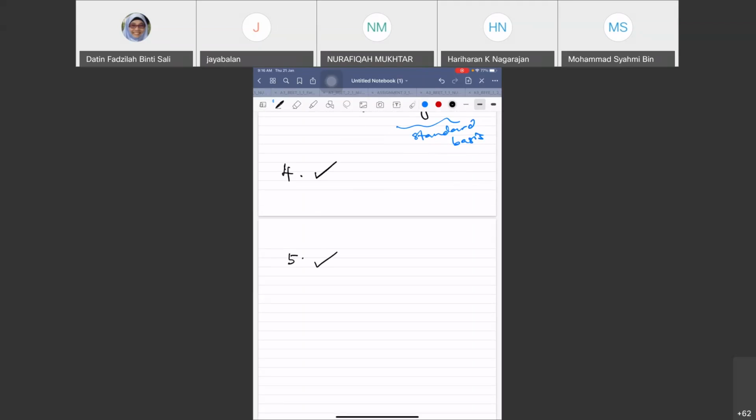Okay, now 6. Maybe we can take a look at one question. Express each of the following vectors in standard basis vector form and find the unit vector. Every time there's a unit vector, the question will always mention unit vector in the direction, unit vector in the same direction, unit vector in the opposite direction.